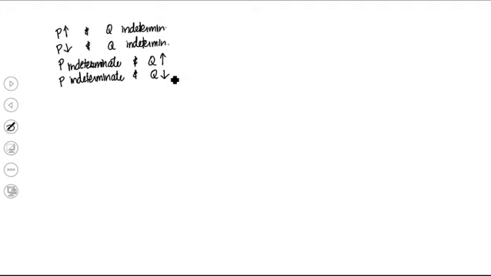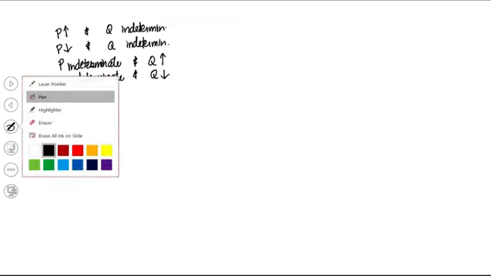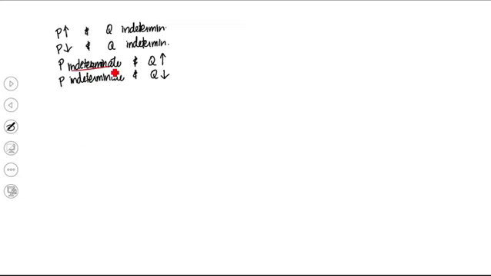So again, my bad. So 4 possible outcomes. Do you notice though, there's always something that's indeterminate, right? Well, if I have a supply and a demand shock in the same market, then I'm going to have conflicting information for either price or quantity where I don't know.